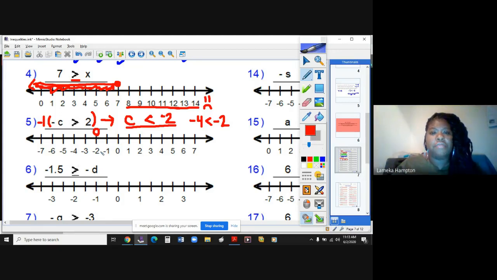Okay. And because Mr. McFadden has just proven that -4 is less than -2, that means all of my numbers to the left of -2 will suffice. So I'm just going to draw my arrow. And I'm going to shade it in. Okay.